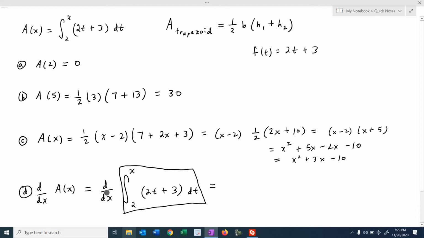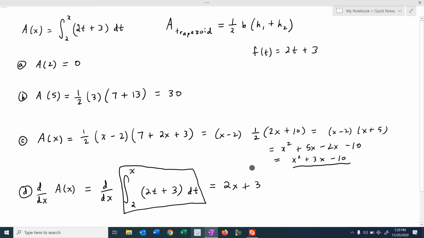Okay, so let's find the derivative of the area function with respect to x. The derivative of this would just be 2x plus 3. Now, how does that compare to our original function? Well, they're very similar. They're not quite the same.